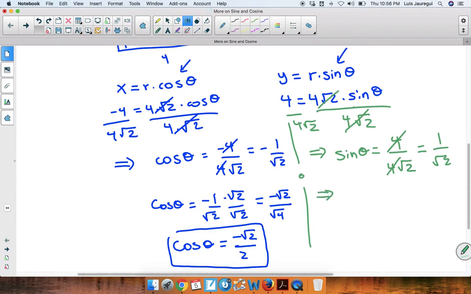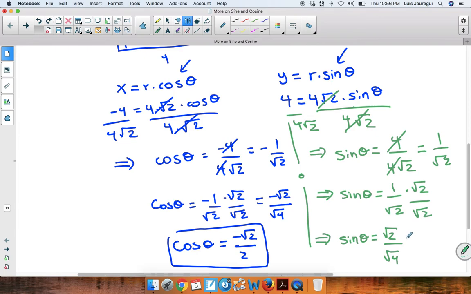Well, this implies then that sine of theta is equal to 1 over the square root of 2, but we want to rationalize this. So let's multiply by the square root of 2 over the square root of 2. So that implies that your sine of theta is equal to 1 times square root of 2, which becomes simply the square root of 2 over the square root of 2 times 2, which is 4.